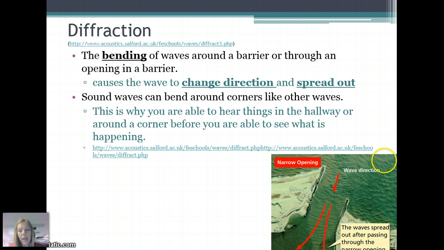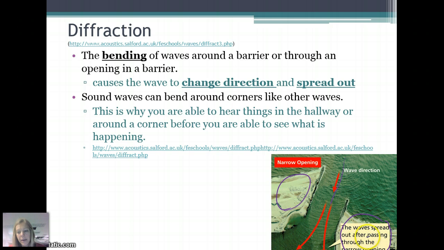If you look at this diagram at the bottom of your screen, it's showing water, and water is a medium that often we can view diffraction in. Here you have the water that's moving in between two areas that it cannot pass.